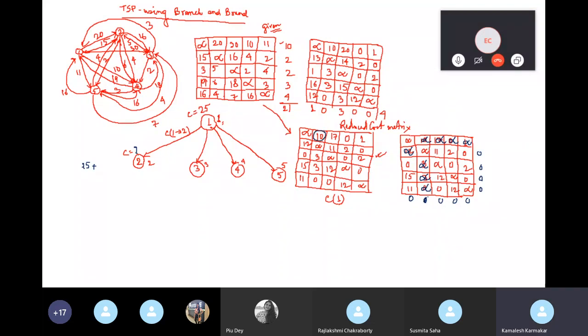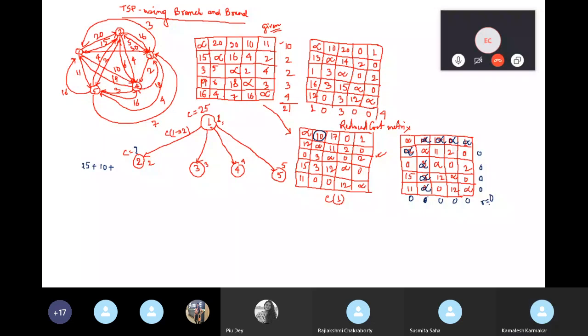This value is 10. So 25 plus 10 plus the reduced cost. Is there any reduction here? The sum of the rows and the sum of the columns is 0, so if we represent the reduction as R, the reduction is 0.